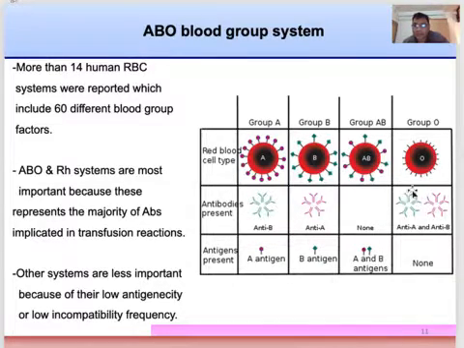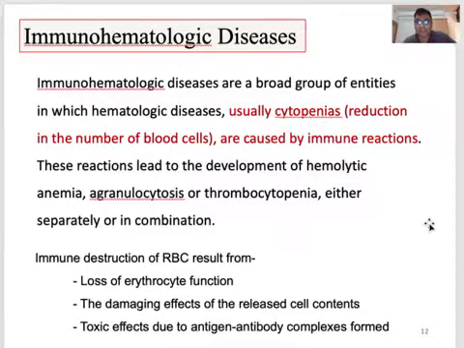Group AB doesn't have any antibodies, but contains both the A and B antigens. And group O contains no antigens, but has both anti-A and anti-B antibodies. So this was the blood group systems. Now let's start with the diseases.